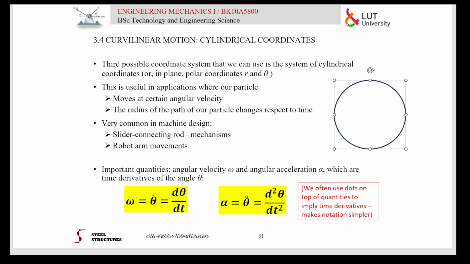The typical representation of a particle at any point, particle P, is going to be represented by a radius and an angle here.